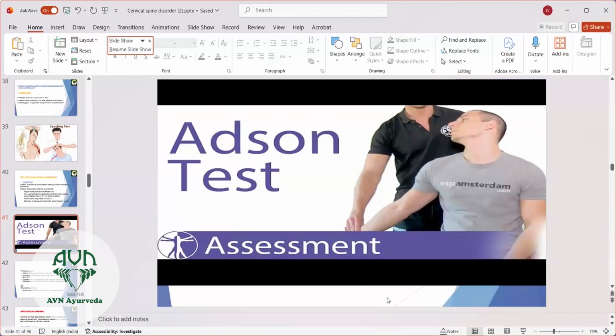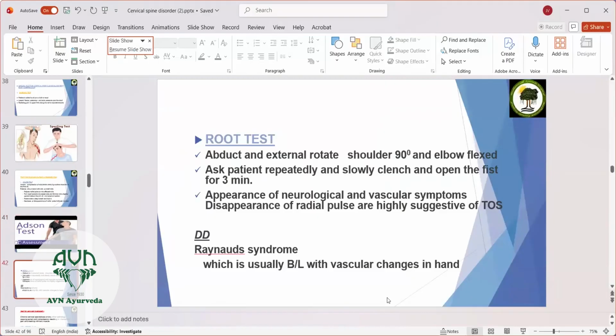Ask the patient to sit on a stool, turn the head to the affected side, gently abduct the upper arm 30 degrees and do the external rotation. Ask the patient to take a deep breath, and if the radial pulse is diminished, that means the Adson test is positive.